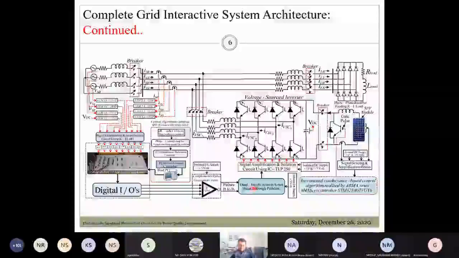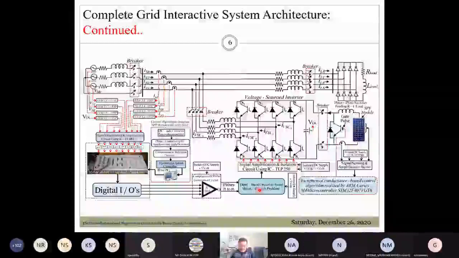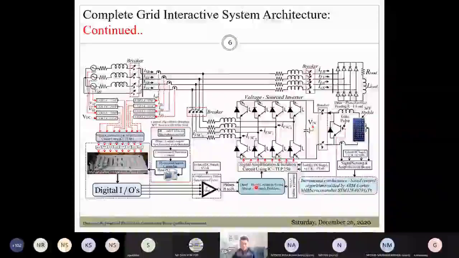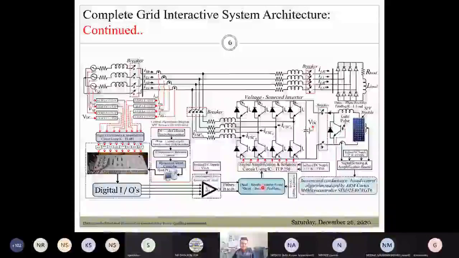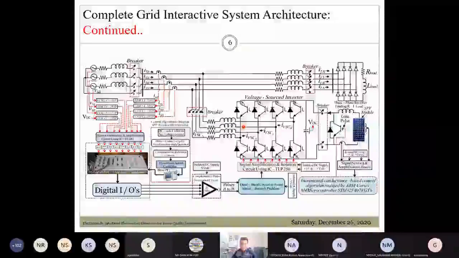Subsequently, these pulses are given to the signal amplification and isolation board. Here it is important to mention that the gate pulses generated by these controllers are in the range of 0 to 5 volts, and hence cannot be directly applied to these discrete IGBTs, as they expect a plus 15 volt signal between the gate and emitter terminal. Therefore this 5 volt signal is required to be amplified.